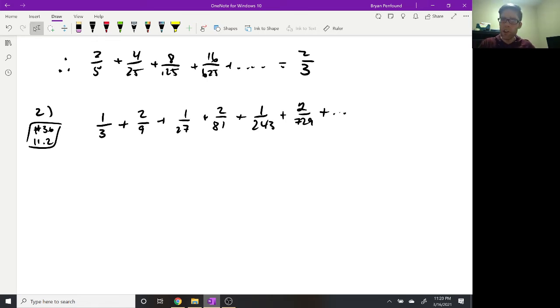And again, we're curious about whether or not this is going to converge to some kind of sum, or whether it diverges. Whether or not when we start adding up all of this stuff, we end up getting, in this case, positive infinity, because we're always adding positive numbers.